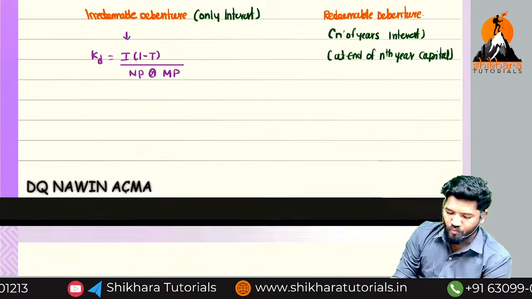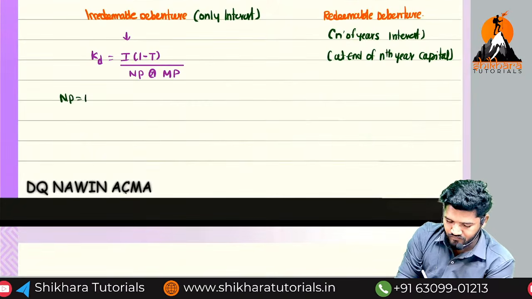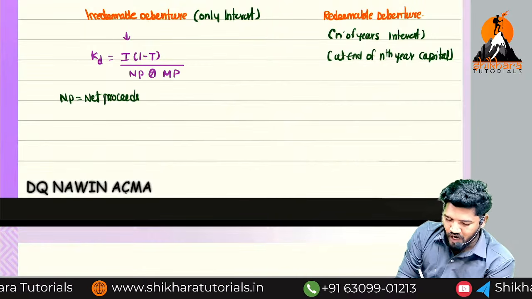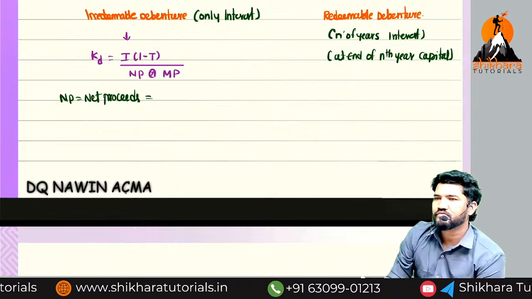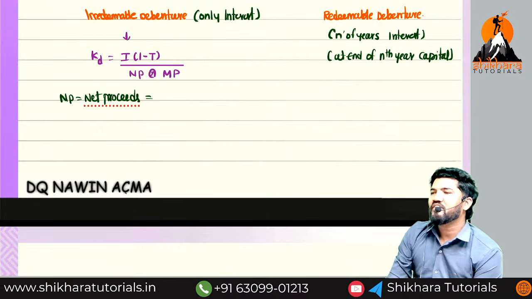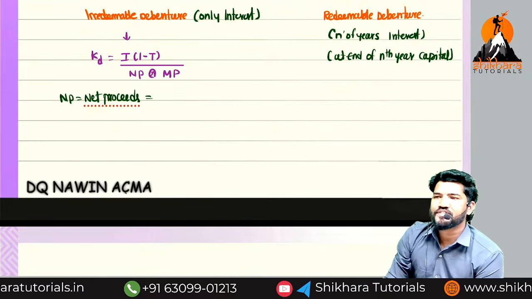What is NP? Net proceeds. How to calculate this net proceeds? Net proceeds is an alternative name for sale value or sale proceeds.